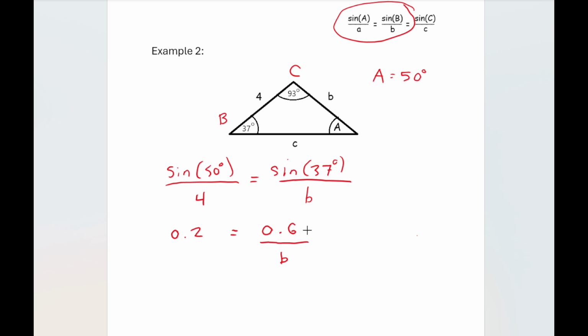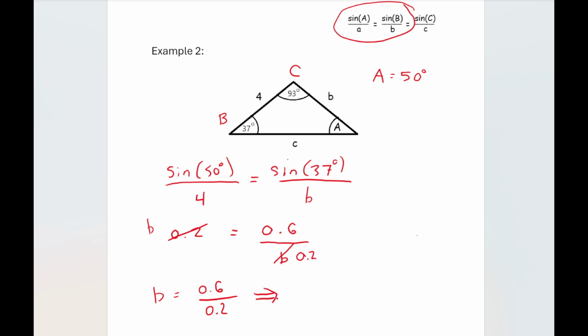We'll do that by multiplying both sides by our denominator B to bring it over here, and then we divide both sides by our 0.2 to bring it down here. Then we should get something that looks like B equals 0.6 divided by 0.2.